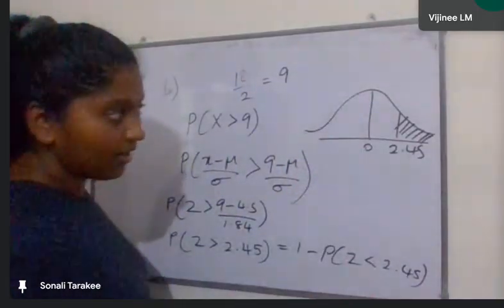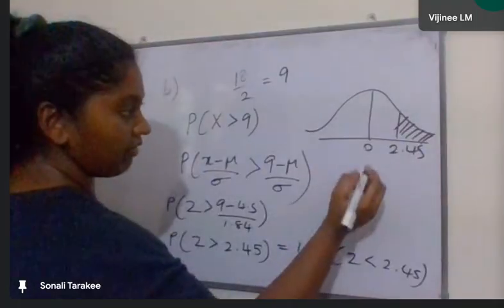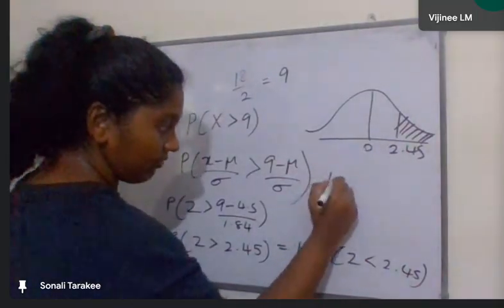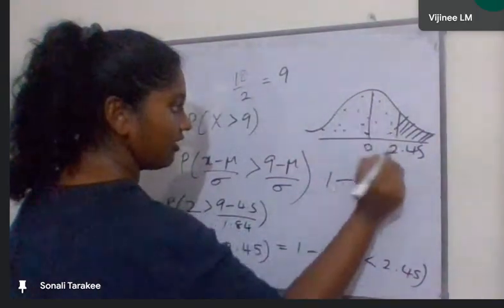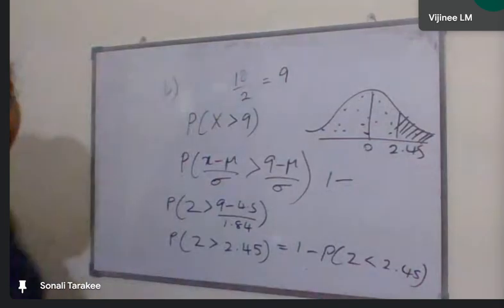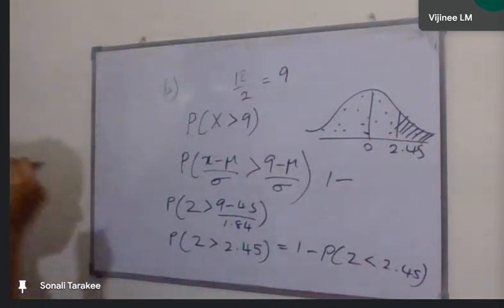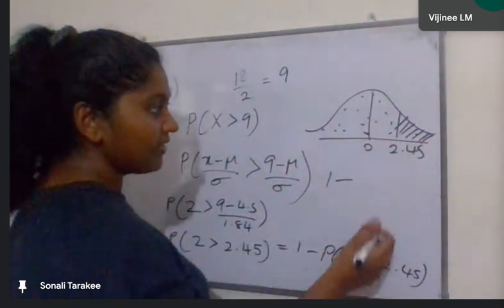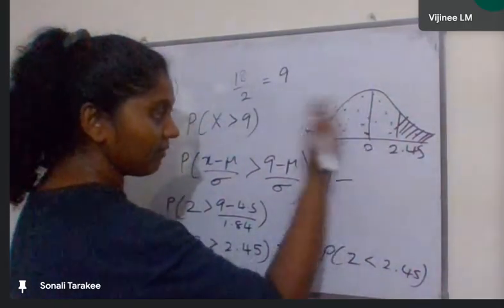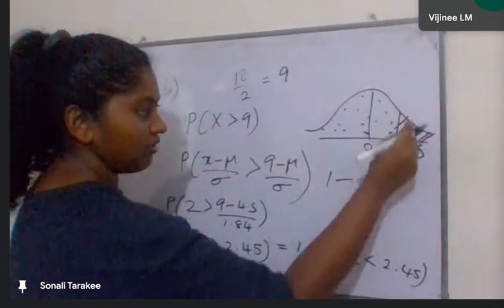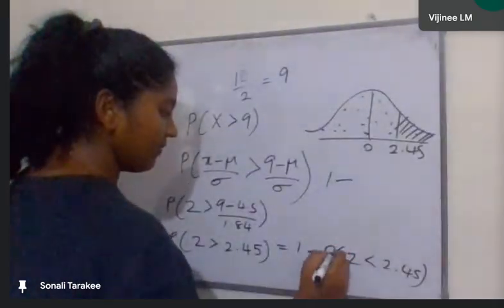The area under the whole graph is 1. So if you deduct this area from that, you get this area. That's the concept. And even in the z tables, the area is always given to the left side. So if you want to find this one, this is the method.